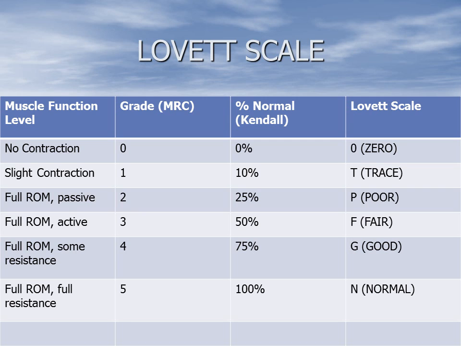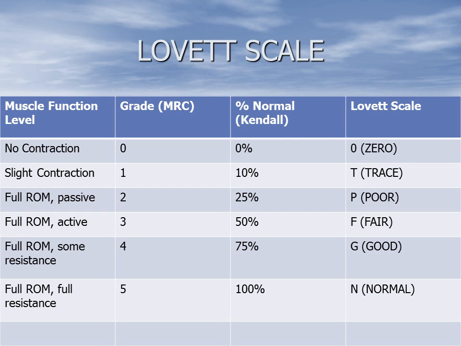The Kendalls described a percentage scale that corresponds with the Lovett scale. The Kendalls used numeric percentages. For example, with the Lovett scale, we use numeral 0 to indicate a totally paralytic or dysfunctional muscle with no sign of muscle contraction. Well, the Kendalls gave that a 0% score. And whereas the Lovett scale gives a grading of N for normal muscle function and normal muscle strength, the Kendalls described that as a 100% score.